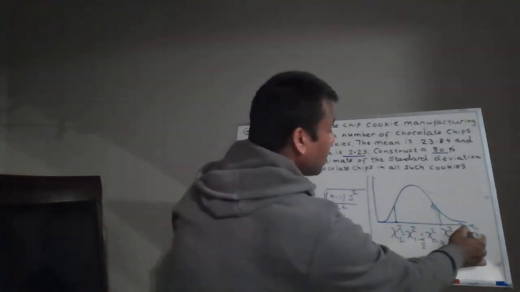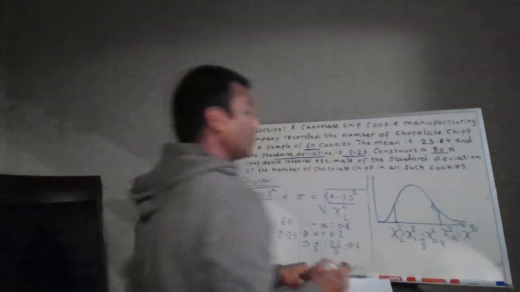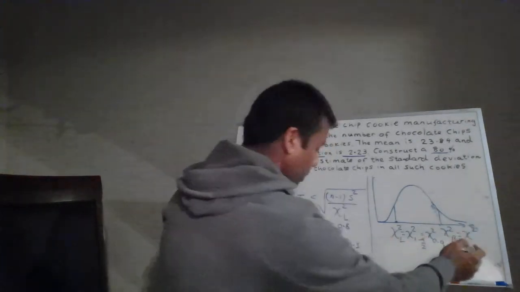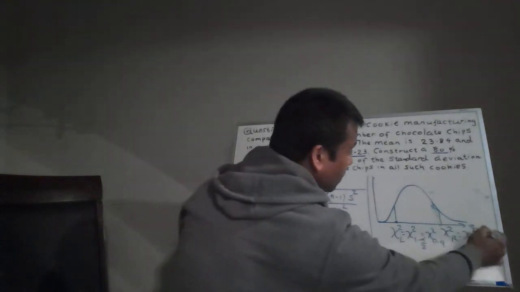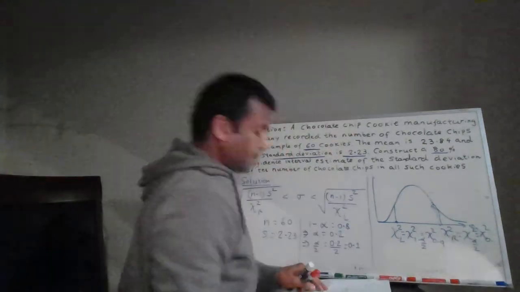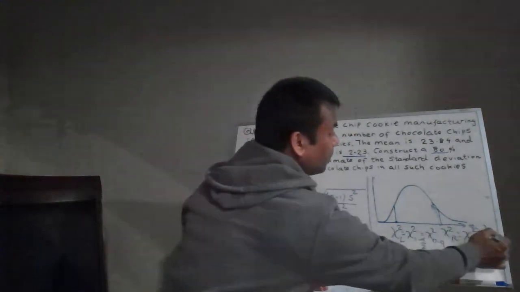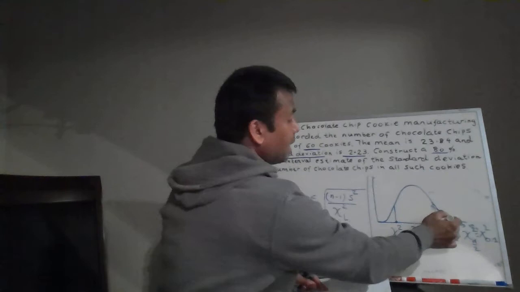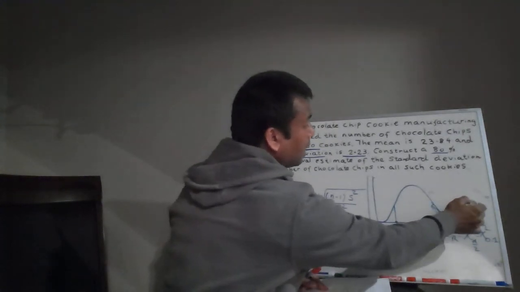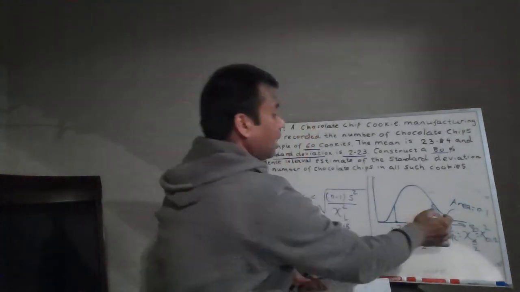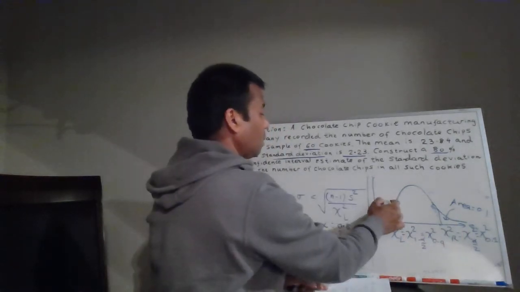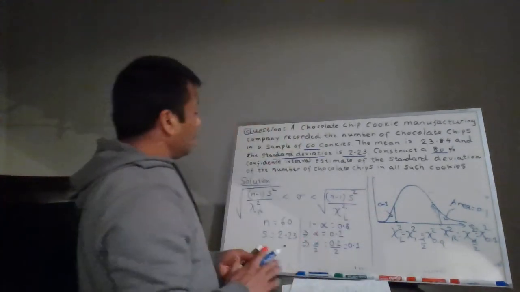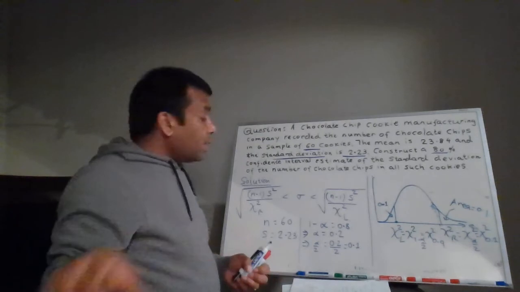And this chi-square R is chi-square alpha over 2, which is chi-square 0.1. So this area is 0.1, and this area is also 0.1.